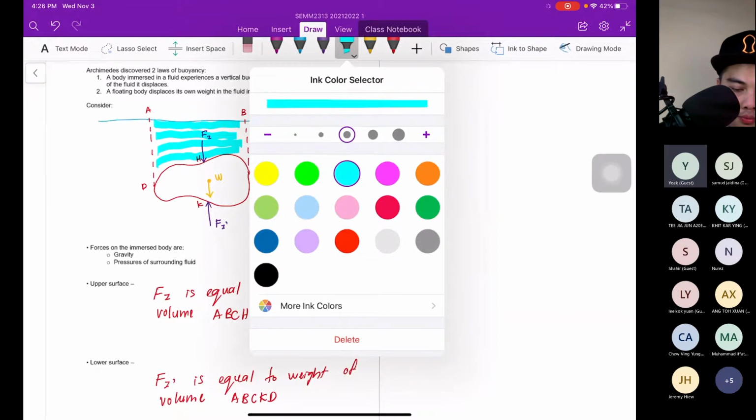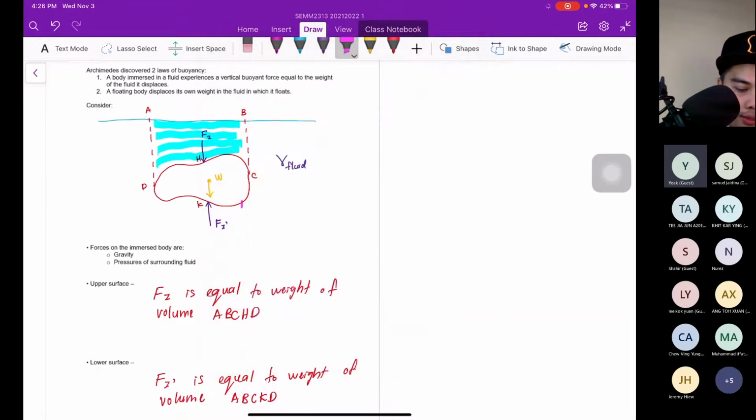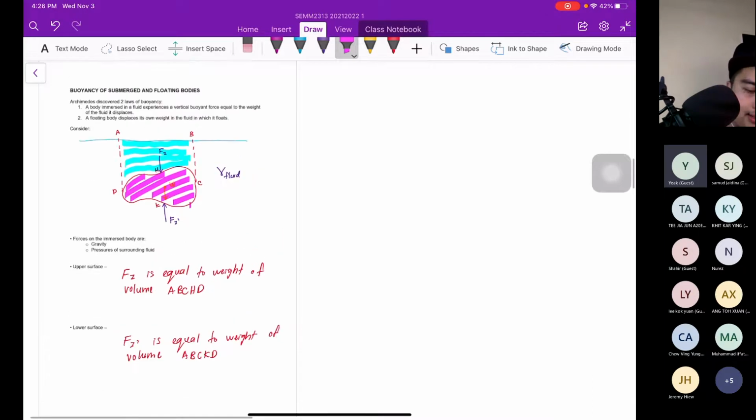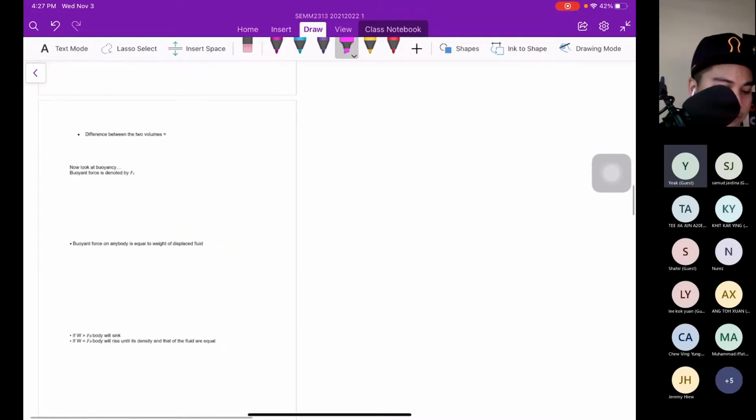A, B, C, K, D. So all this. So that means the strength of Fz prime is equal to the combination of A, B, C, K, D. On the other hand, the strength of Fz is only A, B, C, H, D, the blue color. The difference between the two volumes.